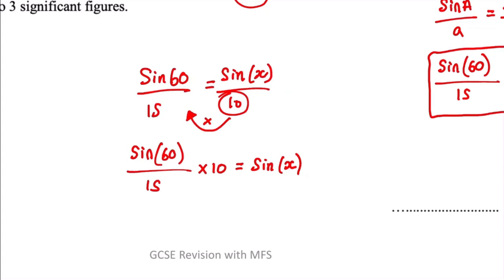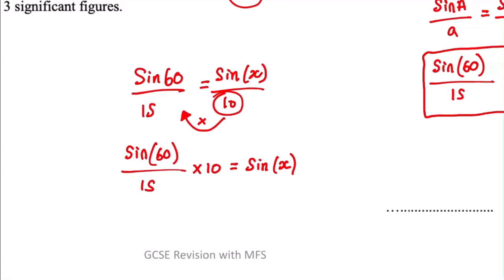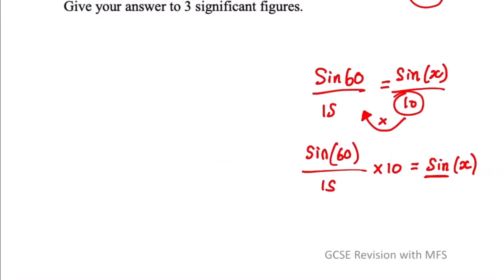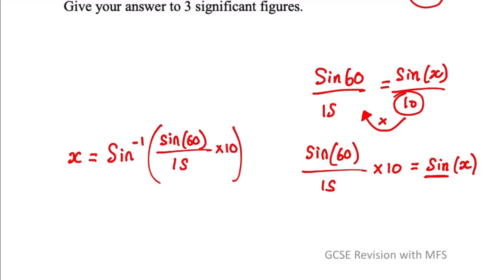Now we don't want sine x, we just want x. To get rid of the sine, you need to do inverse sine of the other side, so sine to the power of -1. On your calculator, you click shift sine, and you type in sine 60 over 15 multiplied by 10.